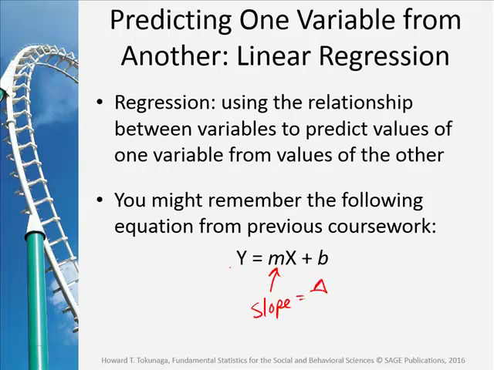The change over the change, right? The slope was usually the change of y over the change of x. So you had to compute that. And if you're doing a triangle, it's really easy because you just do the rise and the run. Anybody remember what b was? All right.